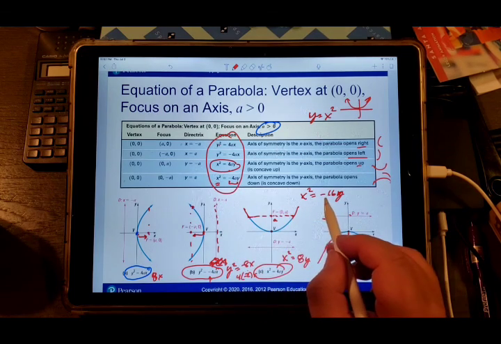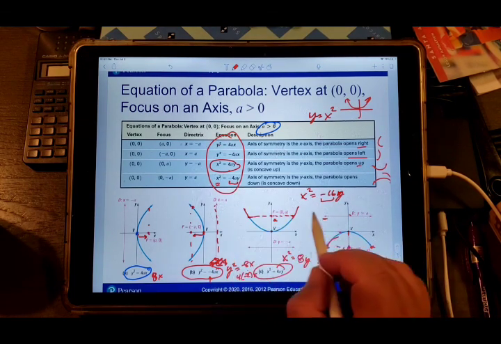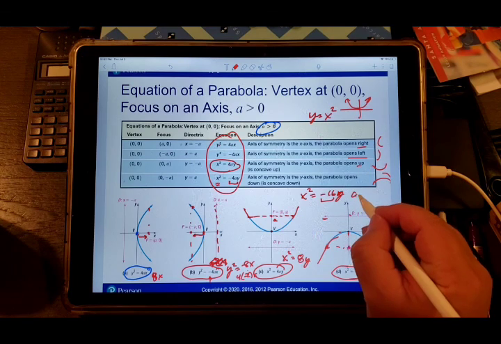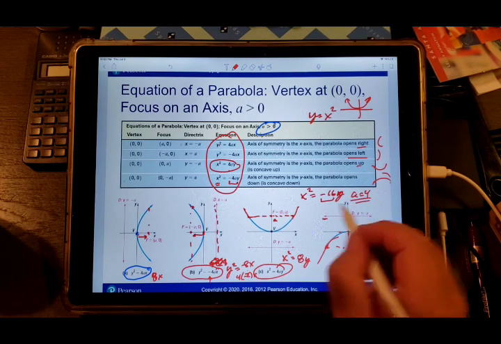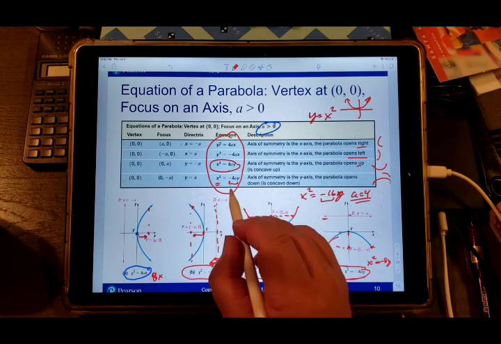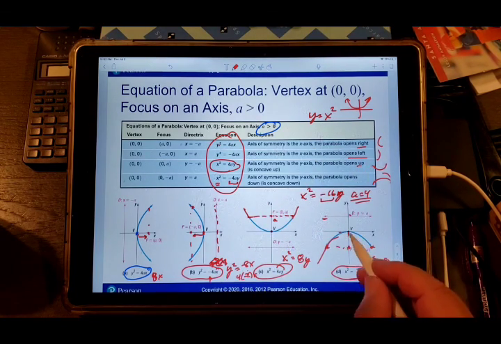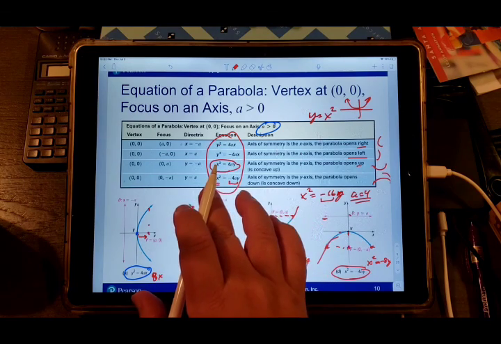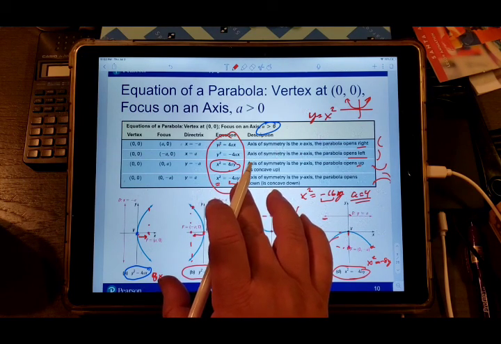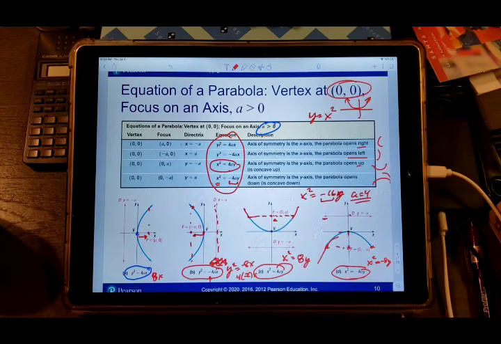And that has to do with the number being built into the formula. So what was A? Technically speaking, A is +4, because 4 times 4 is 16. But it does open down. And I'm not subtracting anything from X or from Y, so the vertex is at 0, 0.